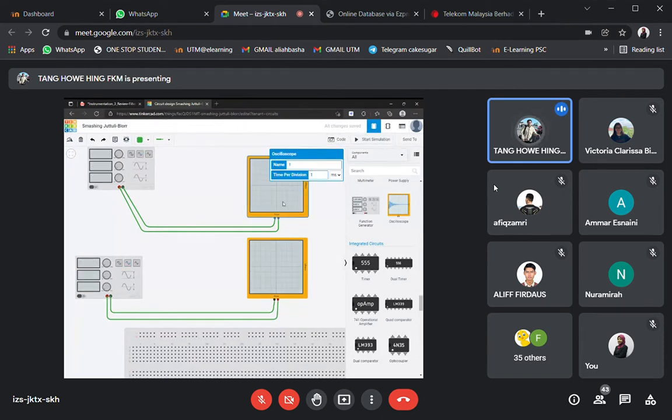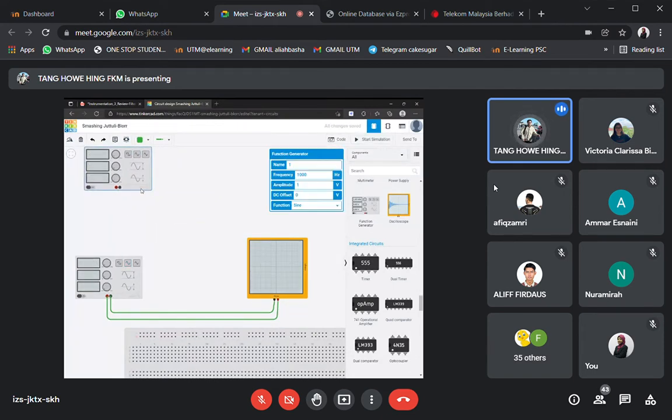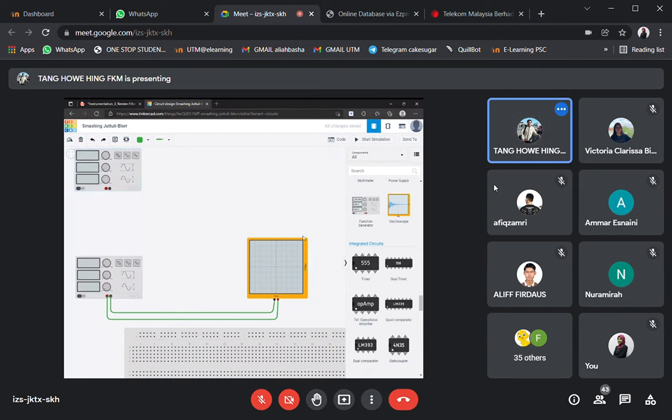Maybe I just need 1 oscilloscope only. You can see that this one I get a 100 kilohertz signal. The simulator time is too small. There is actually a big issue here.